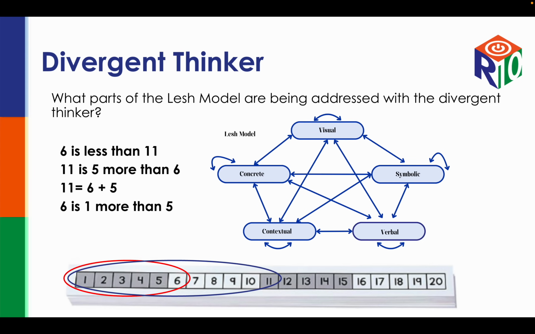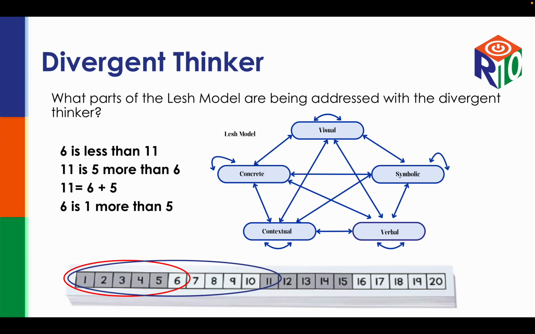So with our divergent thinkers, they're using that number path to represent it. They're using the visual of, oh, look, the gray and the white with their justification. All of the different ways. And then that symbolic of, I know that 11 is more than 6.